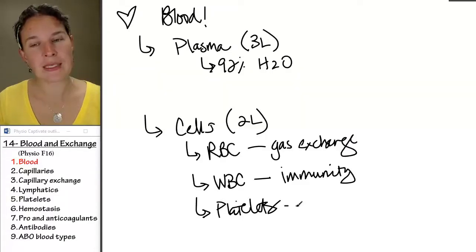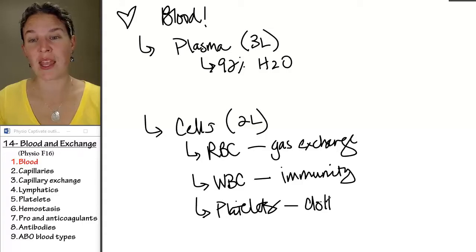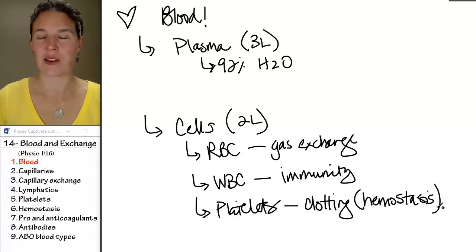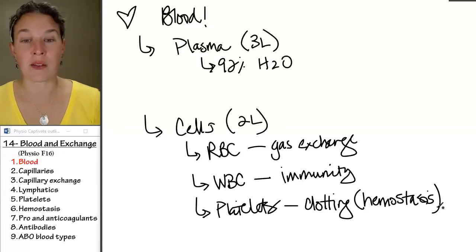And then the platelets are another formed element. They're little cell fragments that are involved in clotting. And I'm going to tell you right now that clotting is called hemostasis. Keep it together, man. Keep your blood in your blood vessels.